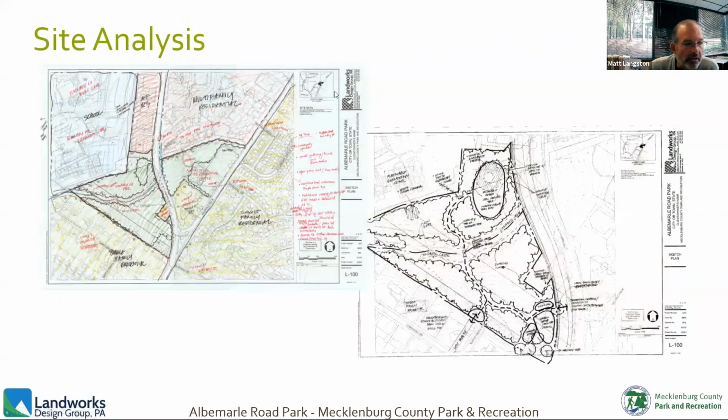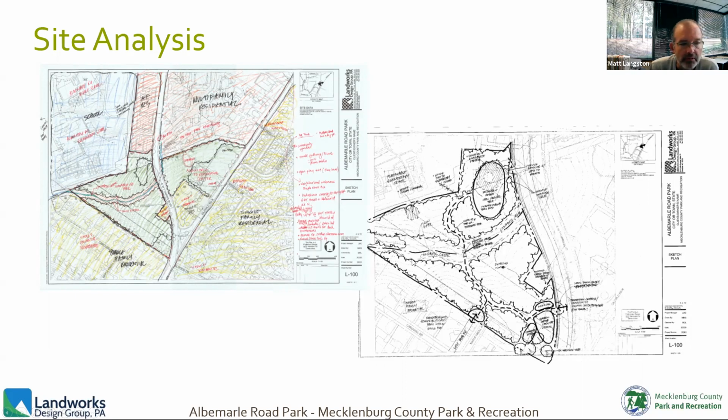So when we start working on a site, site visit is always the first step, and you start getting ideas and scribbling things down and thinking about what's missing, what catches your eye, what opportunities exist, what hazards may need to be mitigated, and that sort of thing.